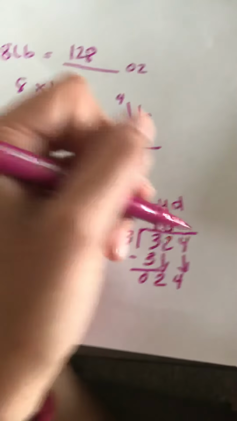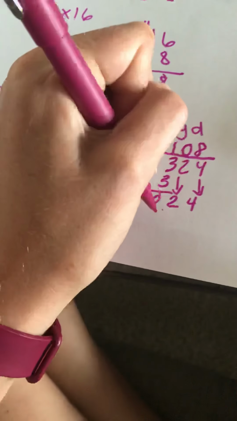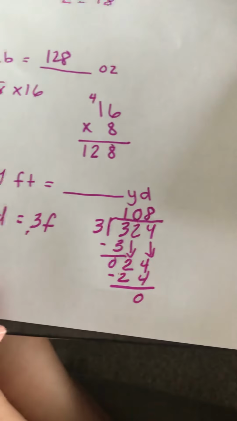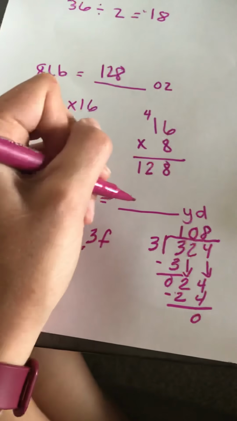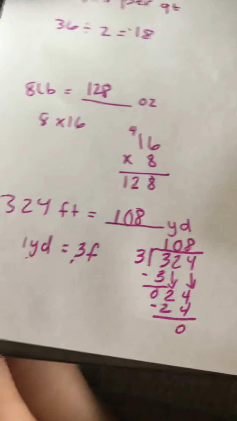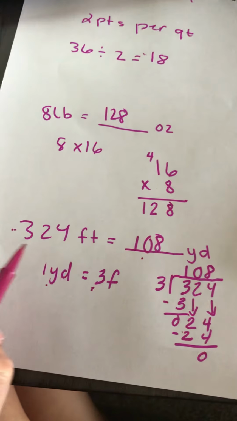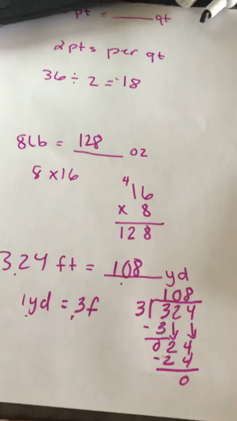The answer is yes. That would be 8 times, because 3 times 8 is 24. Subtract off our 24, we're left with 0. So that means 324 feet is equal to 108 yards. And we can check that that makes sense because there are less yards than there are feet. So that makes sense. All right, good luck, guys.